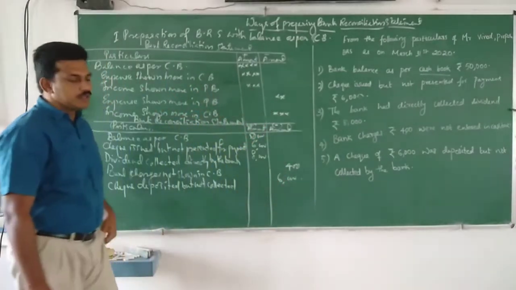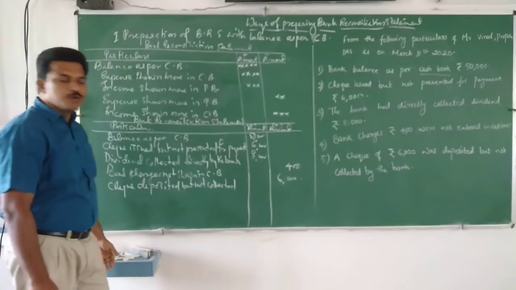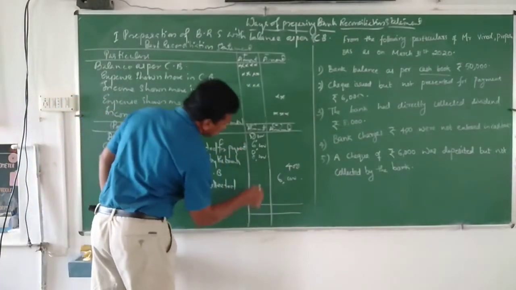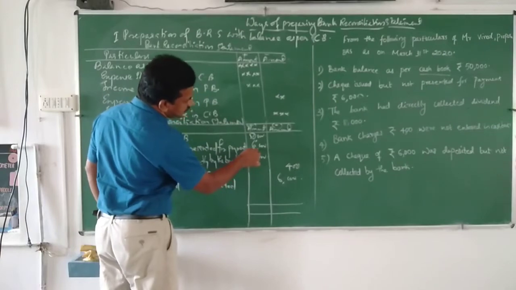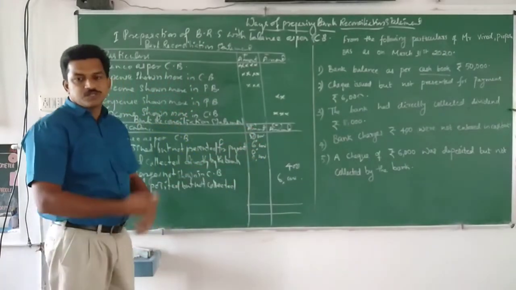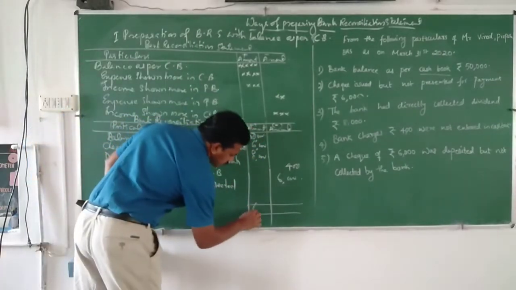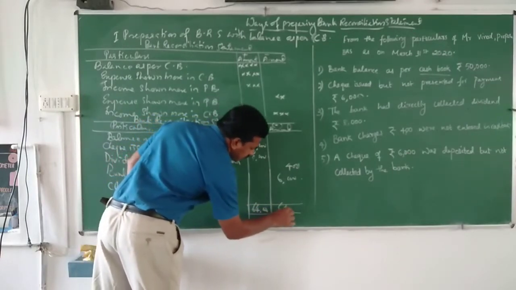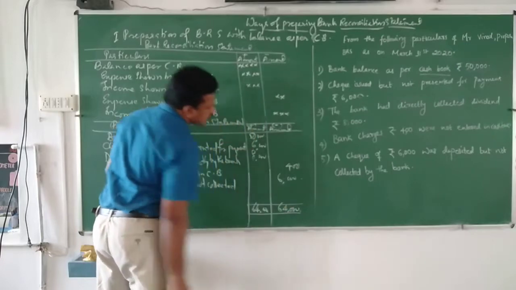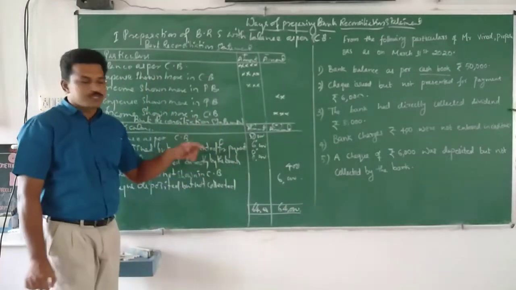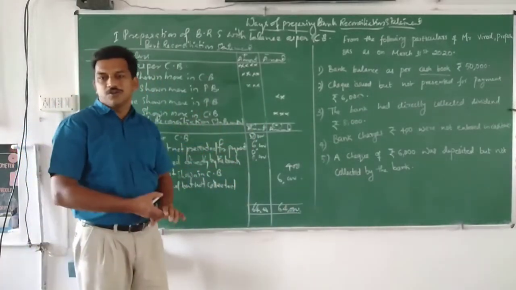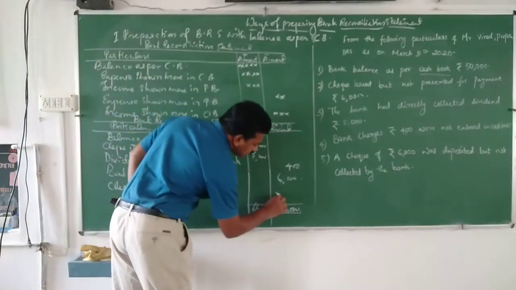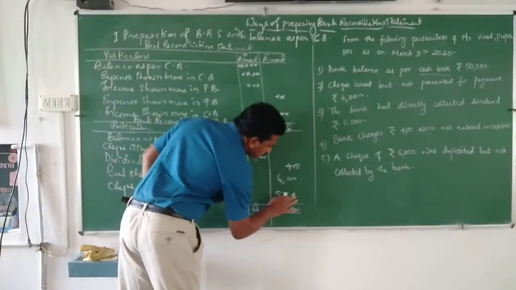So which column is more? We can find it out. Here 56,000 plus 8,000, total 64,000. This 64,000 can be taken here. Okay. 64,000 minus 6,400. What is it? 57,600.